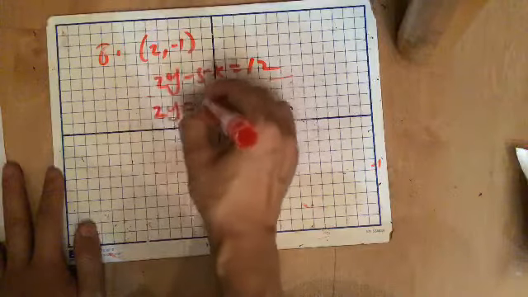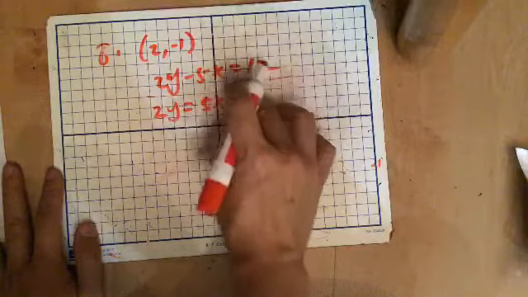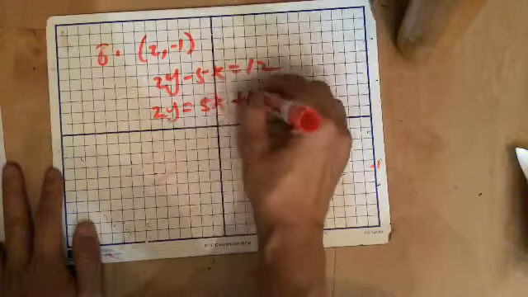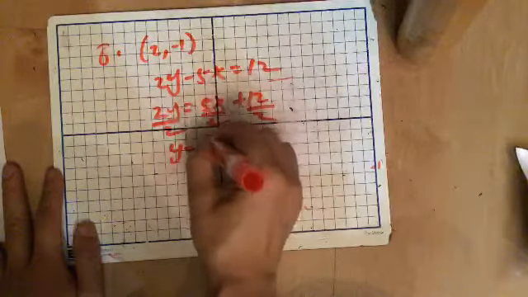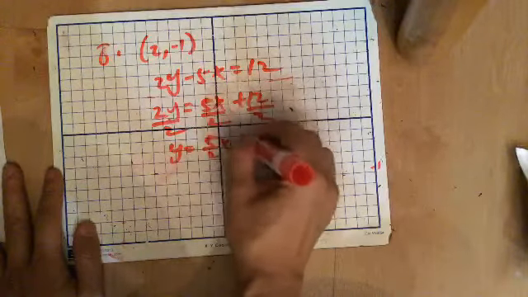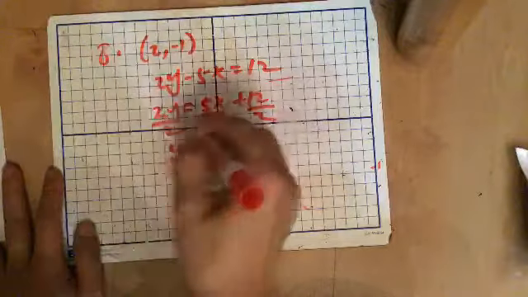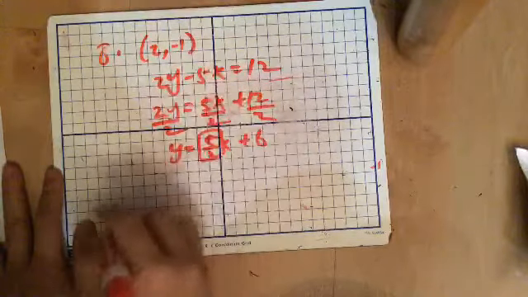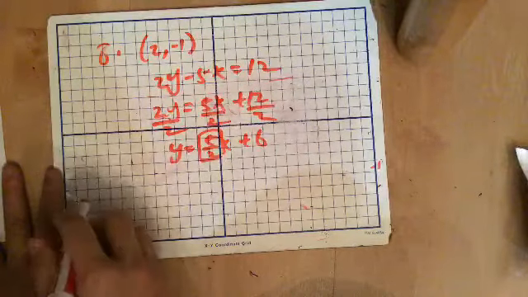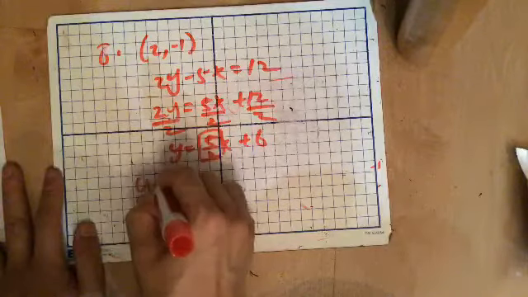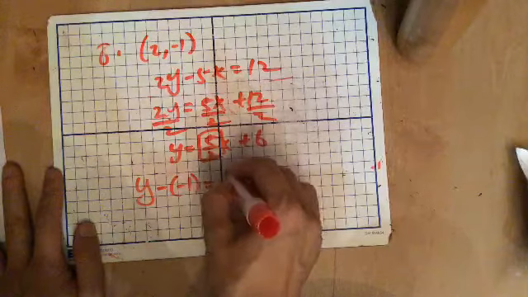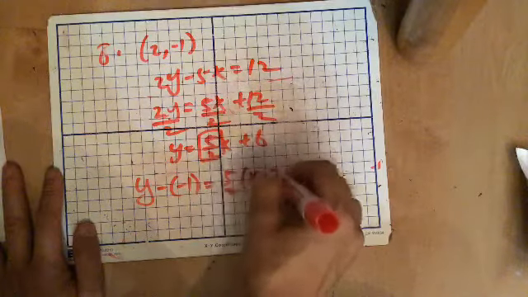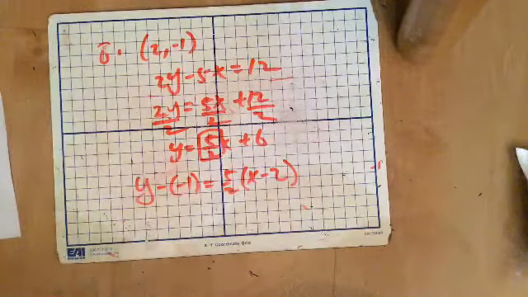So 2y is equal to 5x plus 12, and divide by 2 on both sides. So I'm going to get y equal to 5 over 2 x plus 6. But the only thing that matters is this part, which is 5 over 2. They say parallel, so what does that mean? That means y minus negative 1 is equal to 5 over 2 times x minus 2. Okay, that's it. Done.